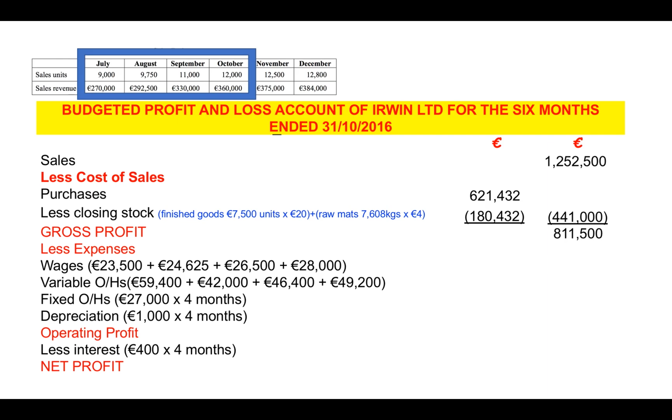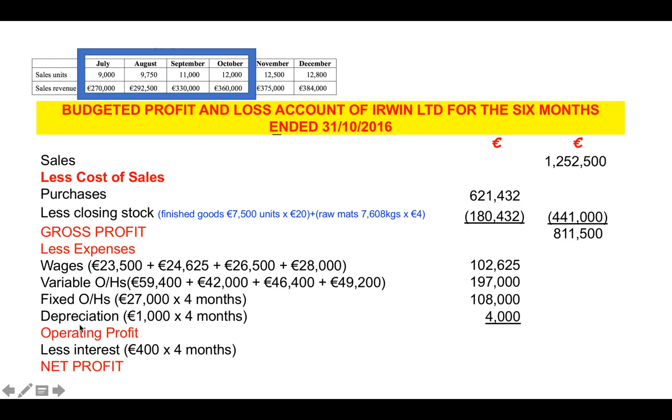Then we're going to less our expenses. So our expenses, first of all, we have our wages. So our wages, 23,500 plus 24,625 plus 26,500 and 28,000, €102,625. Then we'll add up the 4 months of our variable overheads. We get 197,000. Then we put in our fixed overheads, 27,000 by 4 months, 108,000. And our depreciation, 1,000 by 4 months is 4,000.